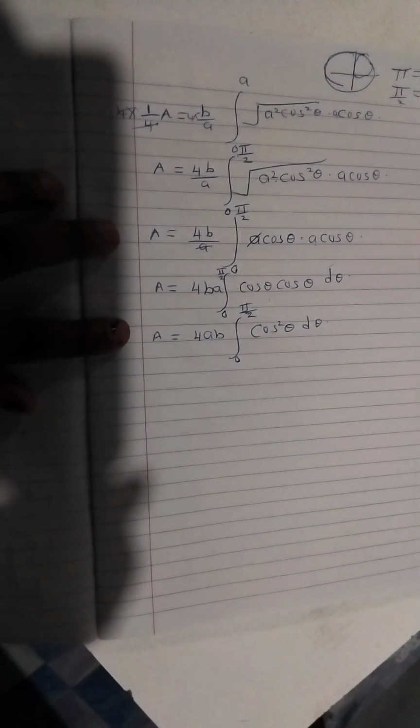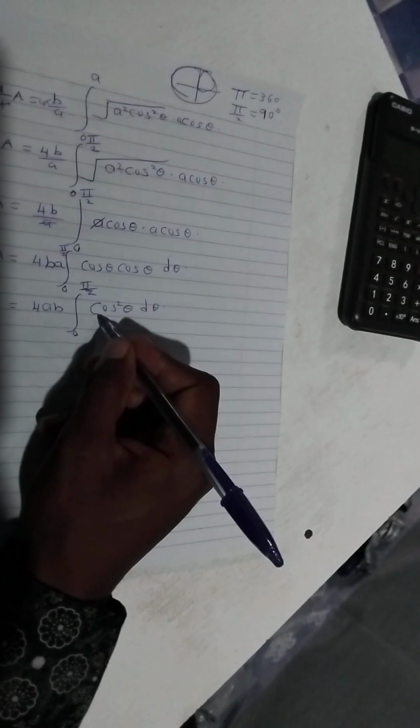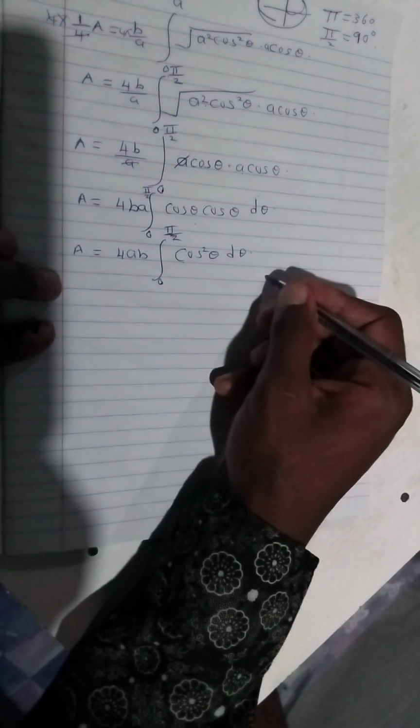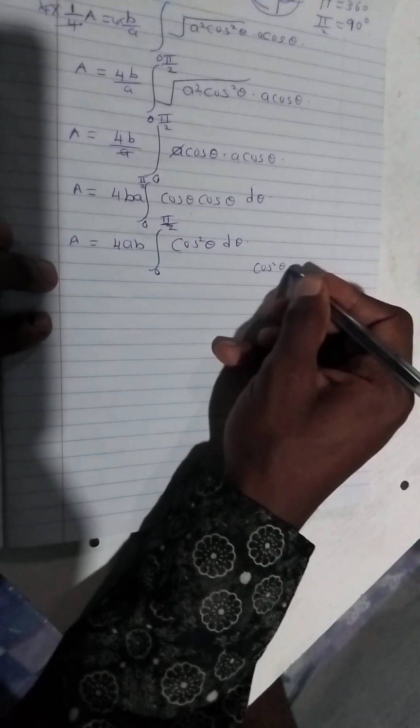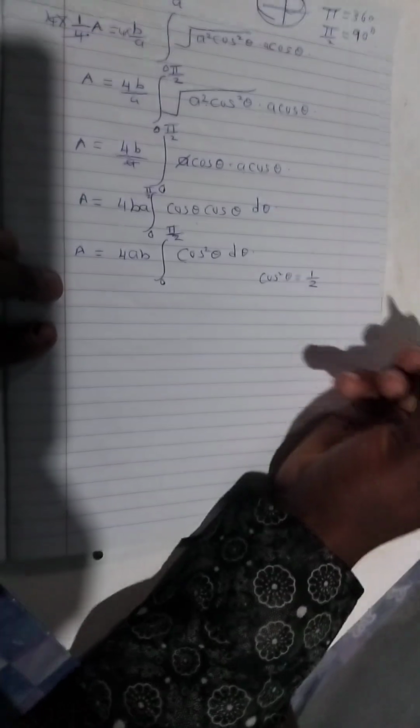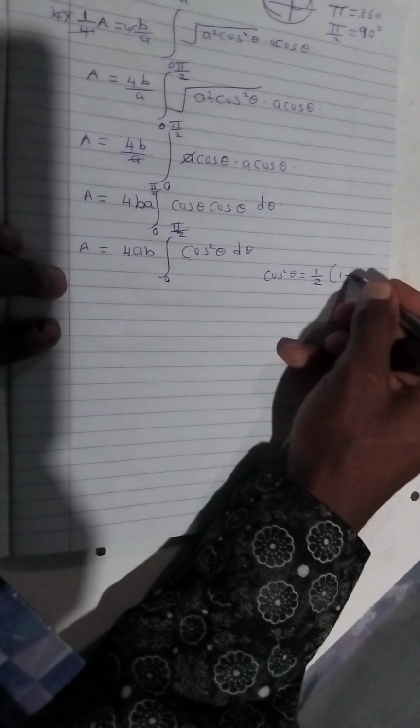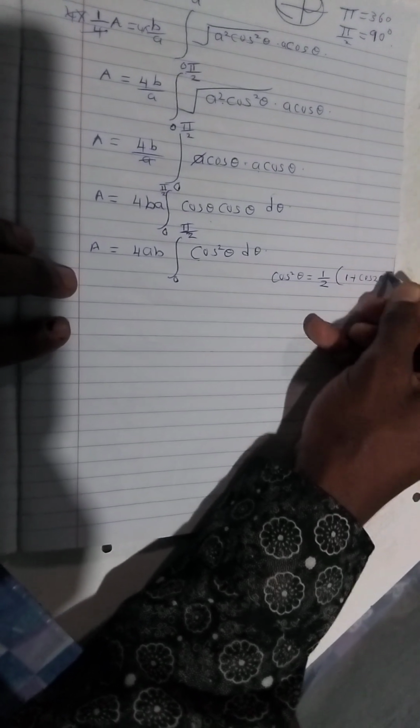Cosine times cosine will be cos squared theta d theta. Because we want to integrate, and there is no way we can integrate this cos squared directly, we shall relate it to the double angle formula of cos squared theta, which is equivalent to a half into 1 plus cos 2 theta.